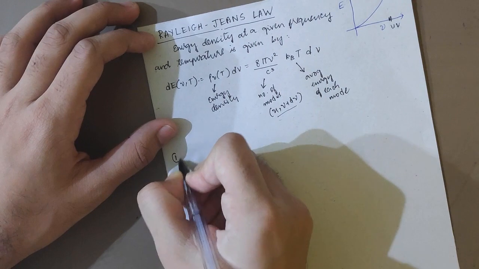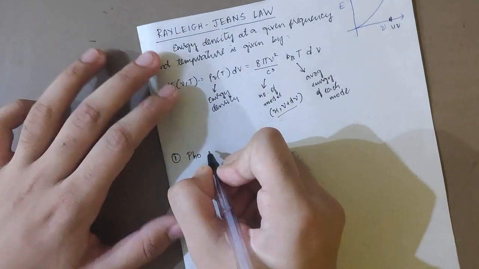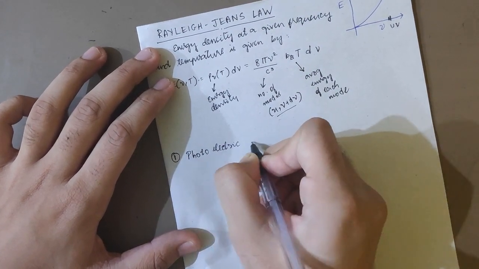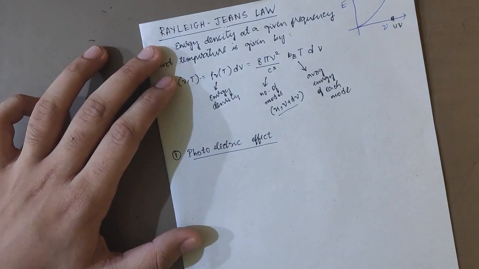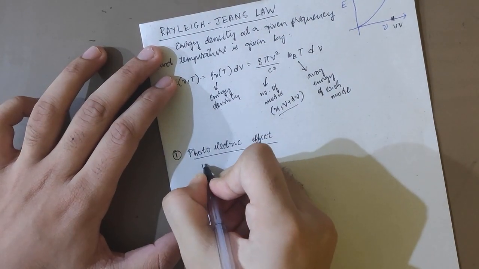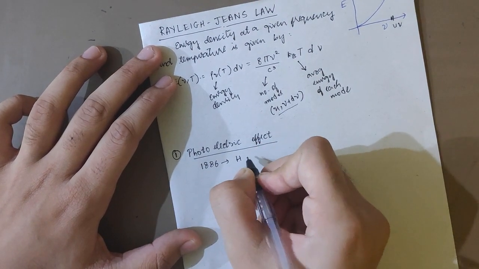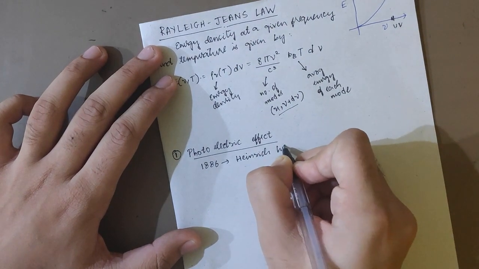Now one thing he already knew was the phenomenon of the photoelectric effect. In the briefest of terms, the photoelectric effect was first performed in around 1886 by a physicist called Heinrich Hertz.